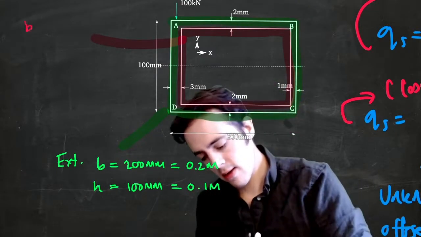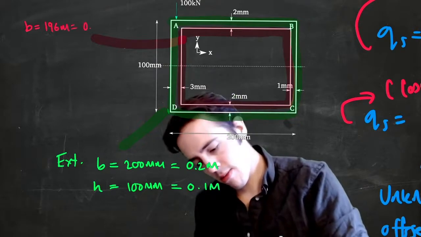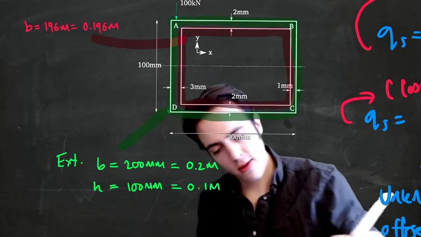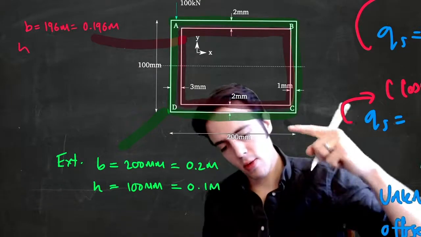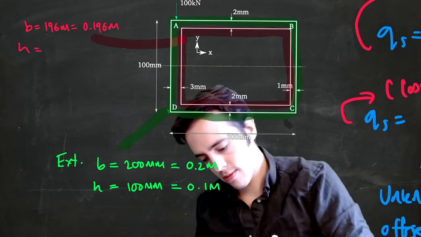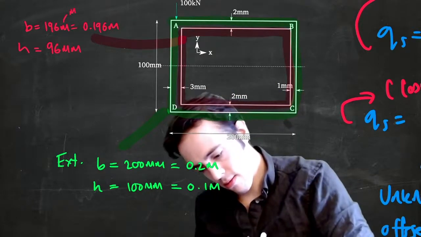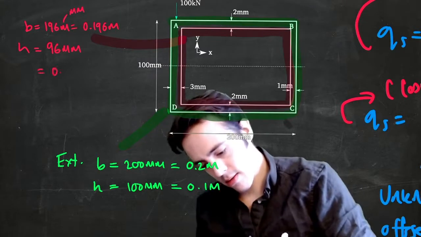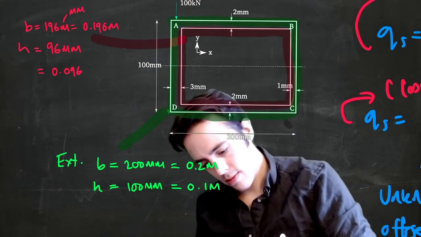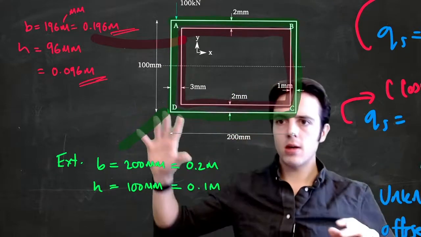So base is 196 millimeters, 0.196 meters, and the height is 100 minus 2 minus 2, so it's 96 millimeters. So I've converted everything into meters here.